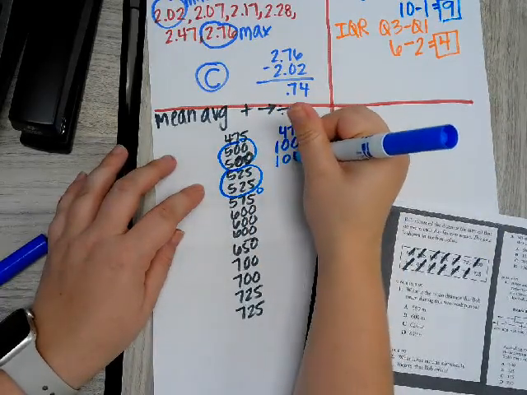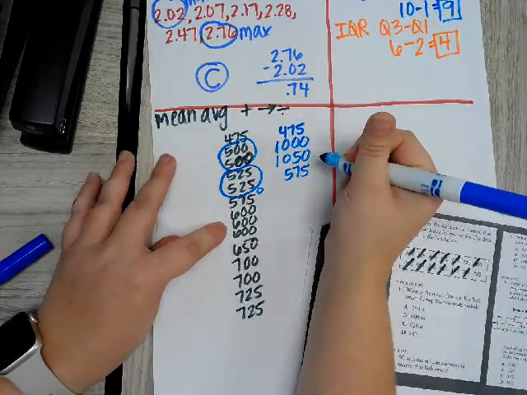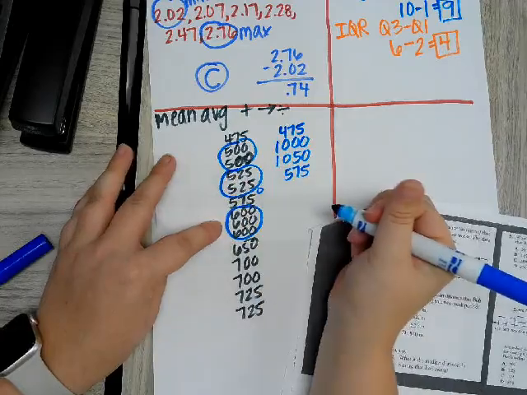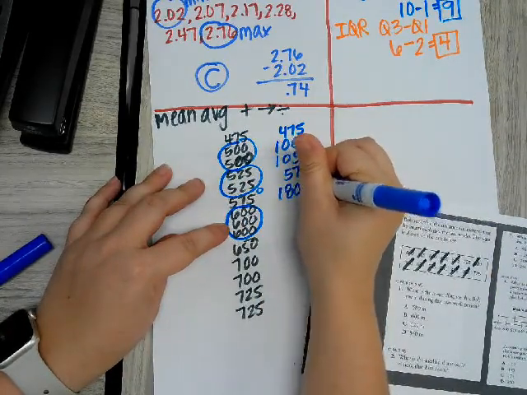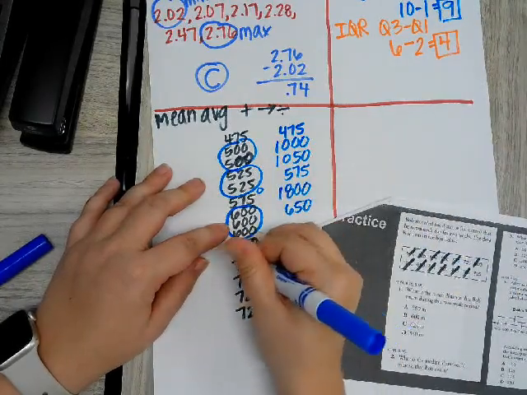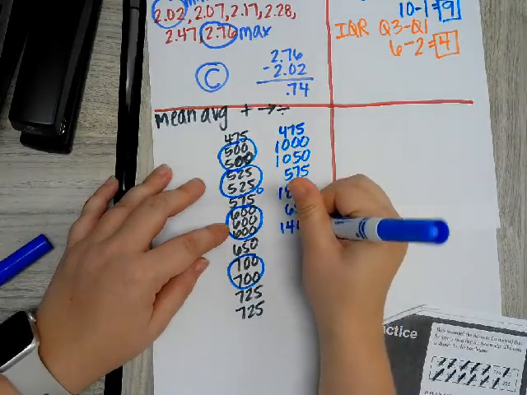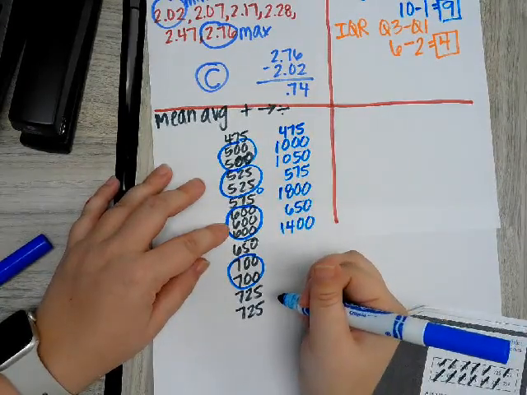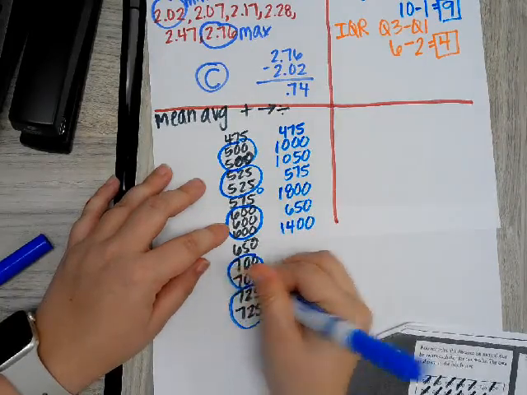Then we have 575. 600 plus 600 plus 600. That's 1,800. We have 650. 700 plus 700 is 1,400. And then 725 plus 725, that'd be 1,450.